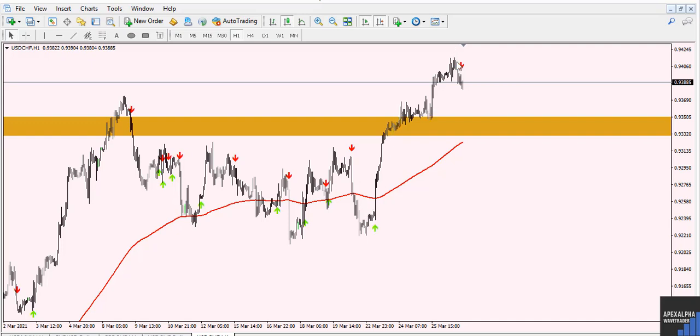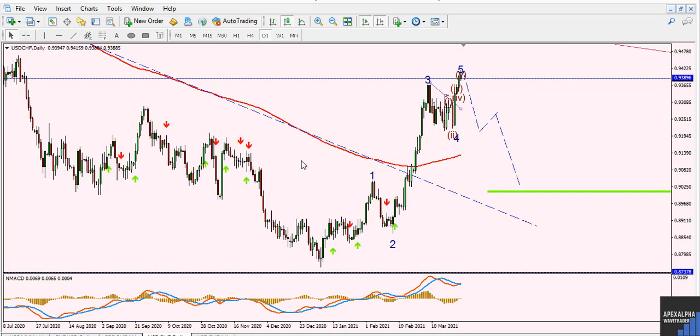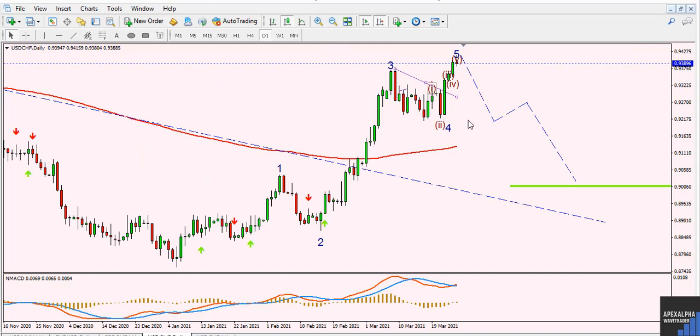So that means that we should get an A, B, C leg at least down to this band, which is actually now our area of strong support. Okay, so if I switch to my other chart now, you understand a little bit what I'm trying to do. So this is the daily time frame, and you can see here that once we have our 5-wave move, 1, 2, 3, 4, and 5.